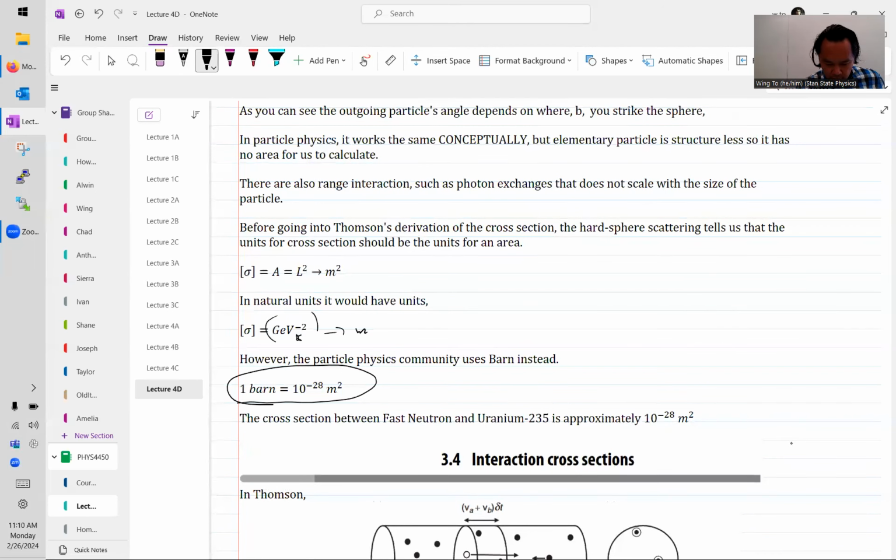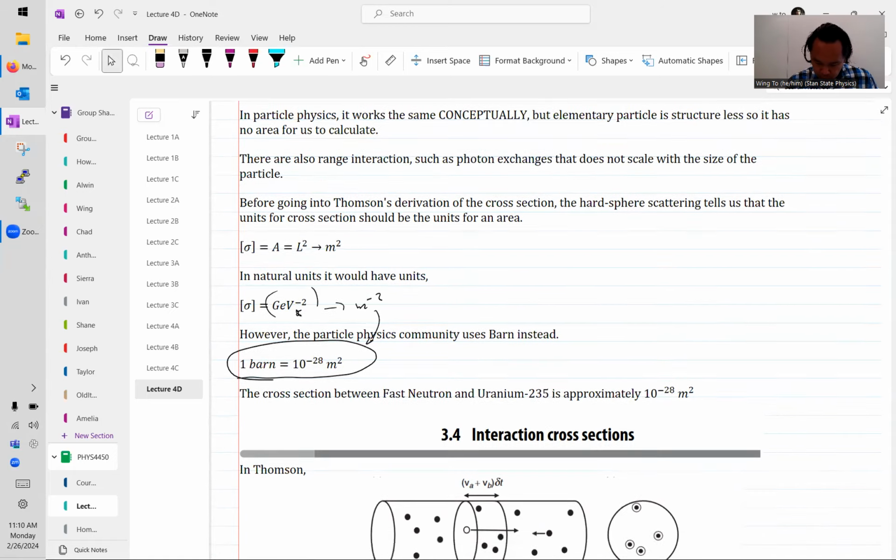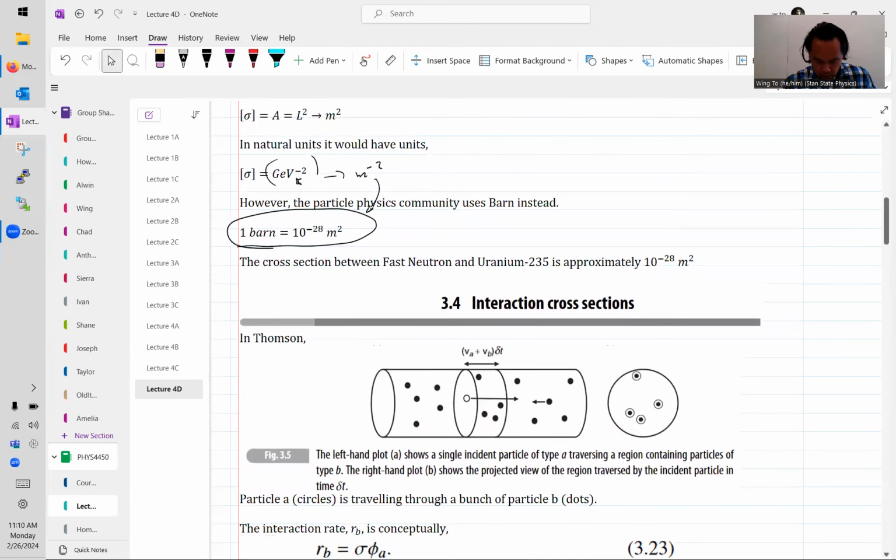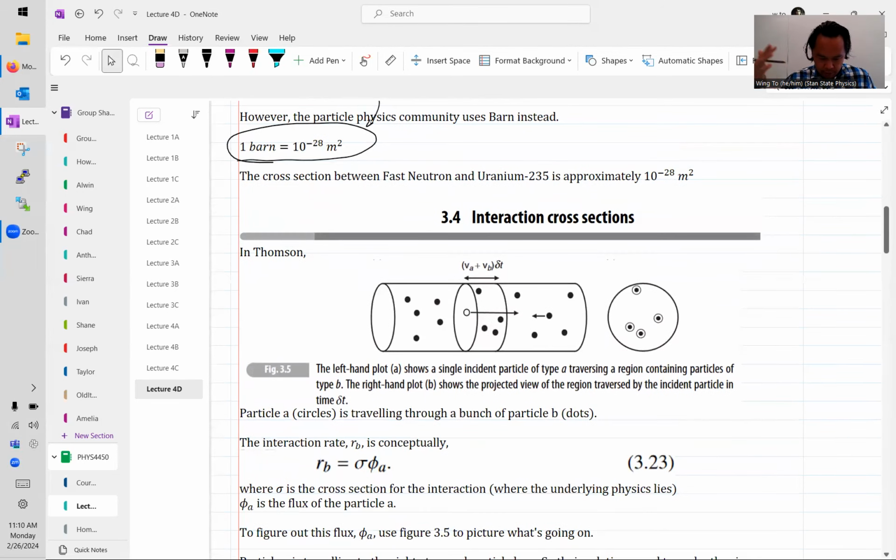You have to convert that to inverse meters squared, and then convert this to barn. It's just a 2-step process. That's an unfortunate historical thing, and I think I talked about why 10 to the minus 28 is an interesting number back in 1945.